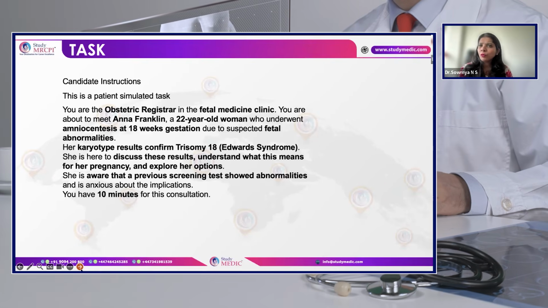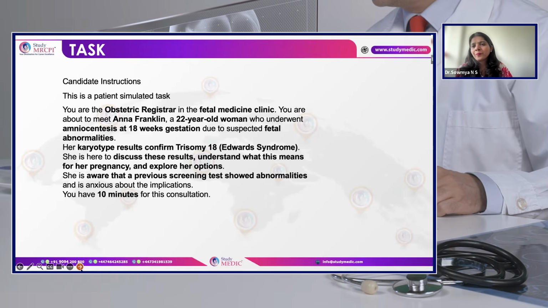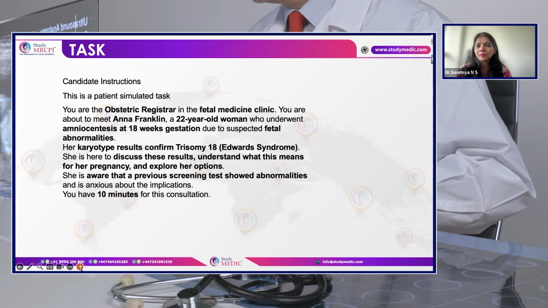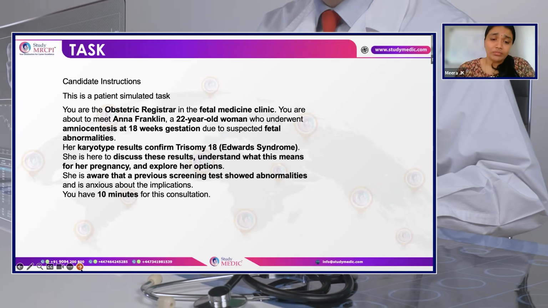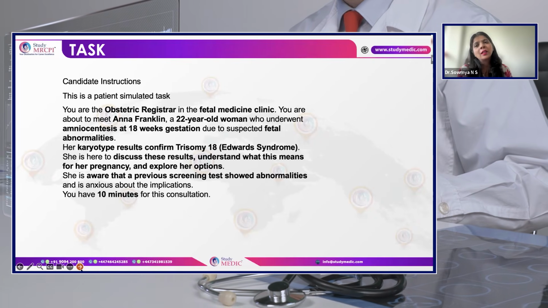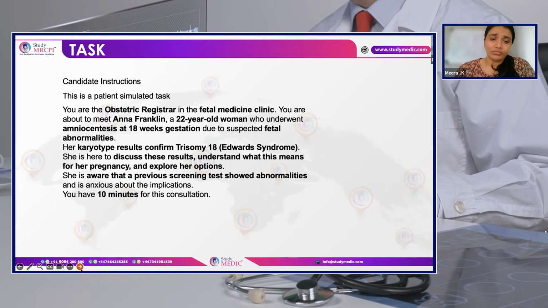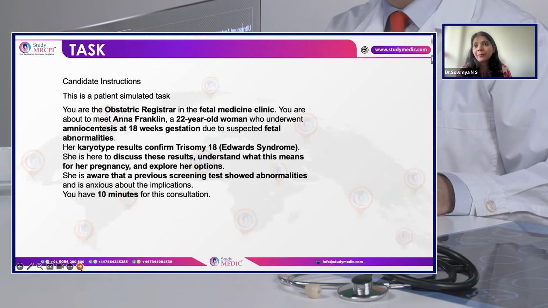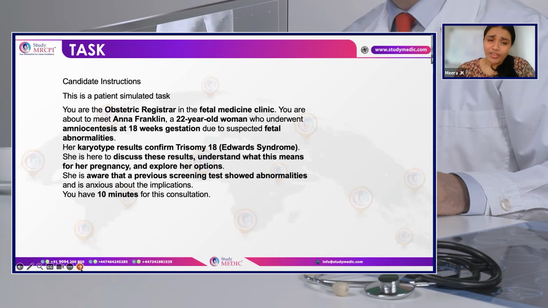Whom do you live with? I stay with my husband. How is the support at home? Yeah, they're all supportive. Do you have any allergies at all? Nothing so far, no. And any such history in the family so far which has happened like this? Nothing in my awareness.